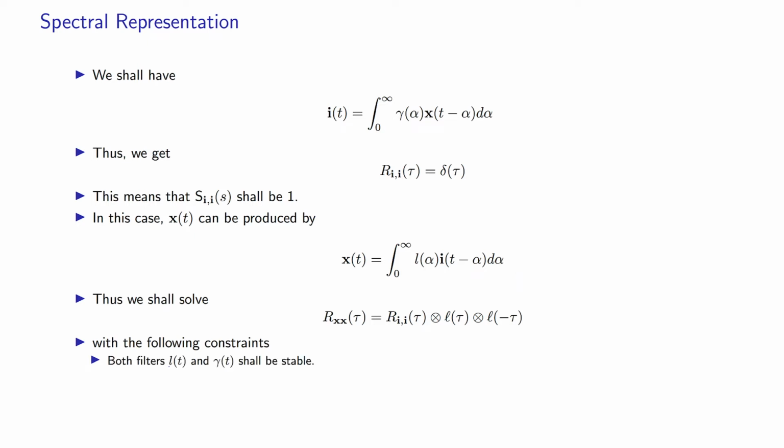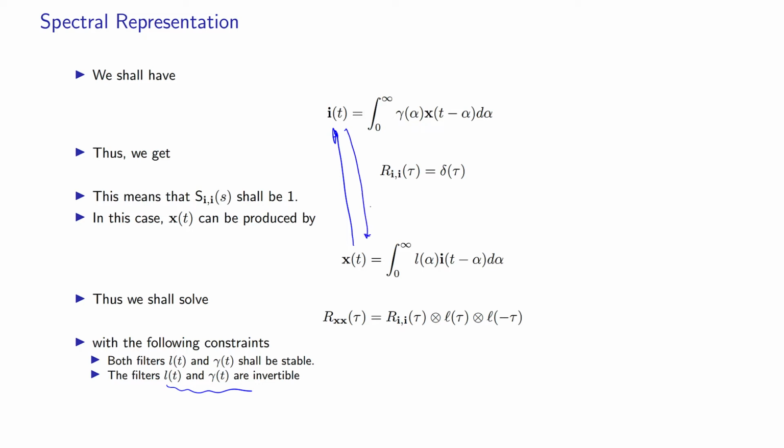What we know is that both filters, the innovation and the whitening filter, should be stable, and also they should be causal. Causality is required when you work with time; when you work with images, causality is not required, but stability is required all the time. These filters should also be invertible, because using x of t you produce I of t, and you should be able to reproduce x of t to get it back.